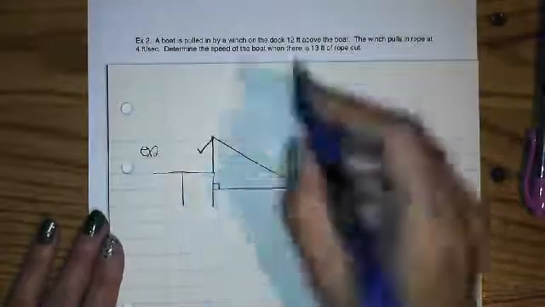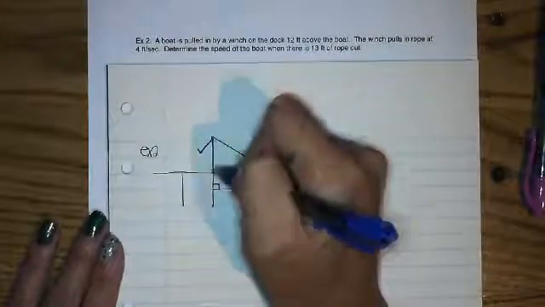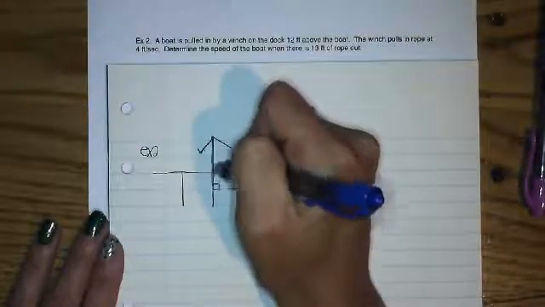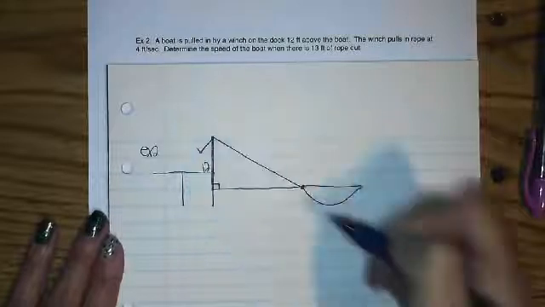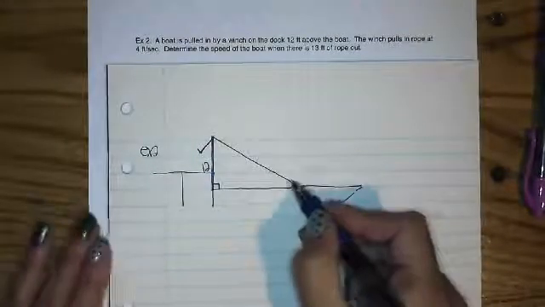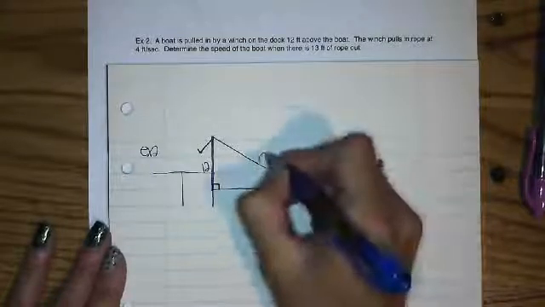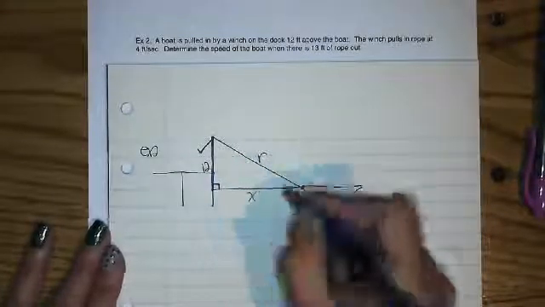So I definitely see a right triangle here. And what I know is the distance here, the winch it said was 12 feet above the surface of the boat. So this side of my triangle is going to be a constant 12. That's not going to grow or shrink. The rope is being shortened up. As you turn the crank, it shortens the rope up, which makes this distance shorten up.